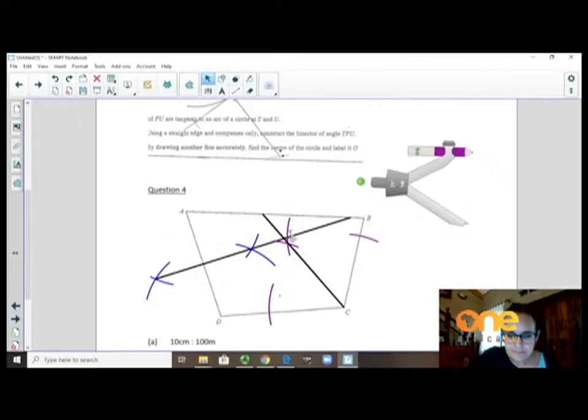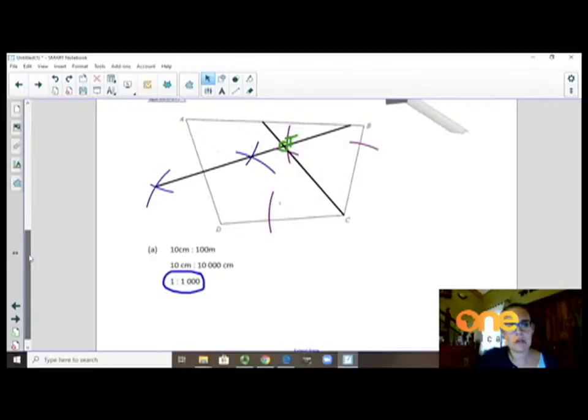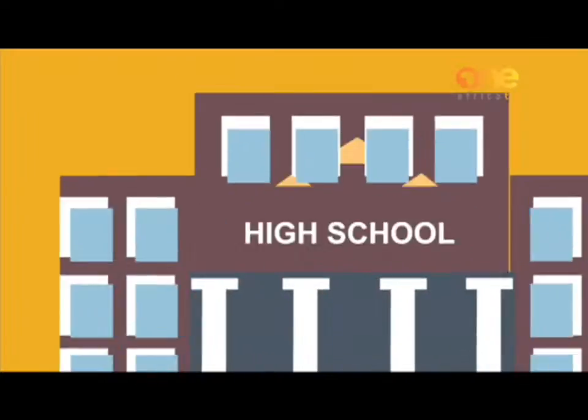So there where the lines cross, I'm just encircling this so that you can see, that will be my tree. So I will put in my T there where the line crossed. And that, grade 12, was your question 4 on worksheet 1.